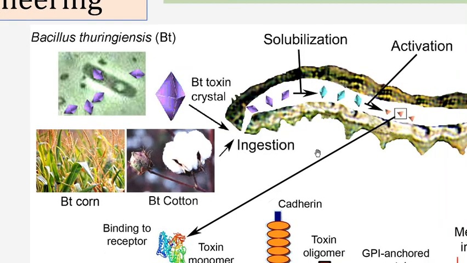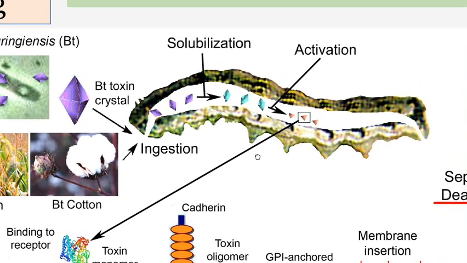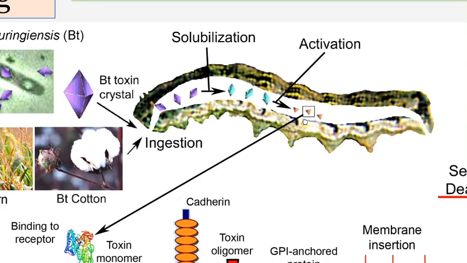So what happens if a Lepidoptera or Coleoptera insect comes and eats a small amount of leaf or shoot or corn, then it ingests the plant part and the crystal protein enters into its midgut and becomes activated, and this crystal protein ultimately kills and damages the cells of the midgut of the insect, so that eventually within some days the pest dies.